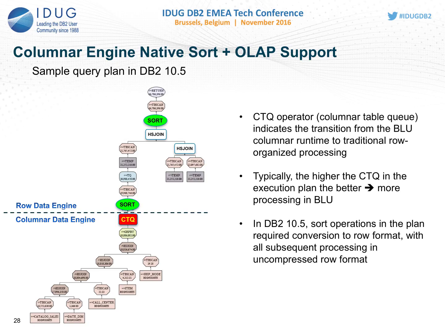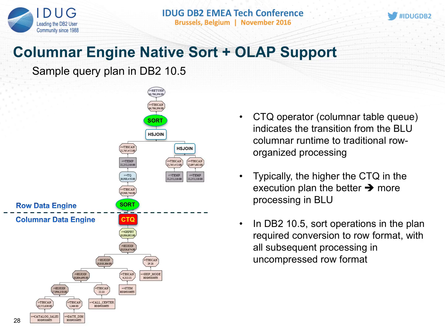And then the sort would be done. And then everything after that, so another join, another sort, etc., would all be done in the traditional row-oriented DB2 runtime. So whatever happens below the CTQ is in the BLU runtime with all the BLU optimizations. Everything above the CTQ does not use the BLU optimization anymore. So not the most efficient execution plan.